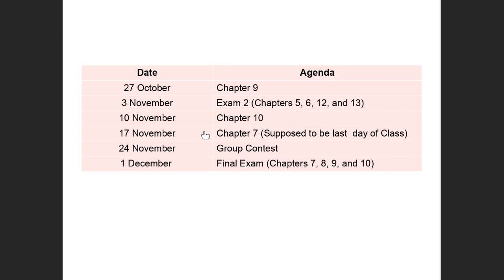It saves me work. It definitely saves you work by not coming, but your accumulation of knowledge is more important to me, and because I have worked towards that night, I have built for that night, and I just cannot do it. Okay? So 24th of November, we will have, and then the final exam is on the 1st of December on chapter 7, 8, 9, 10.